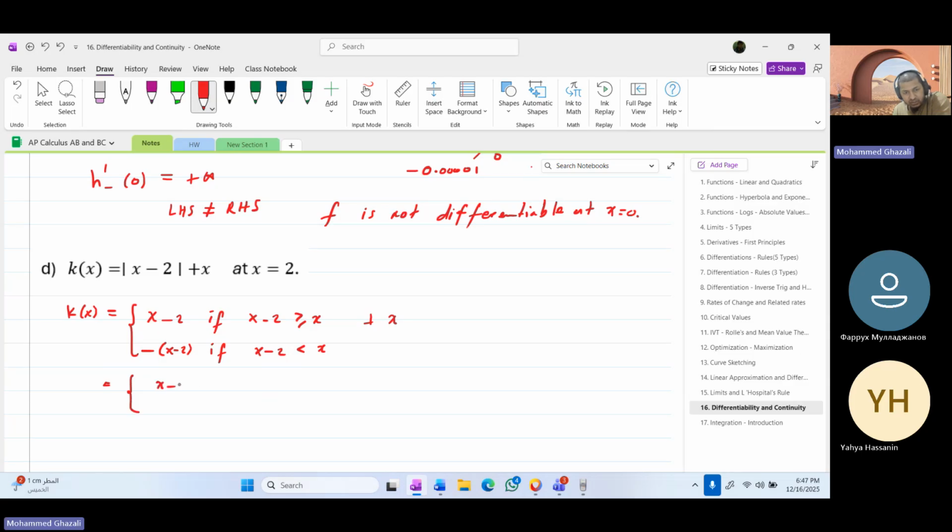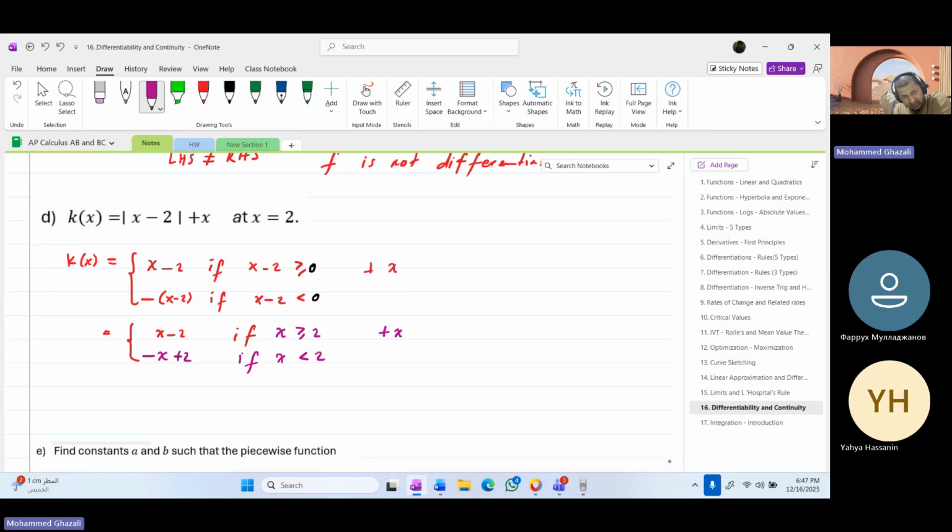So it's x minus 2 if x is greater than or equal to 2, and negative x plus 2 if x is less than 2. You still need to add an x.